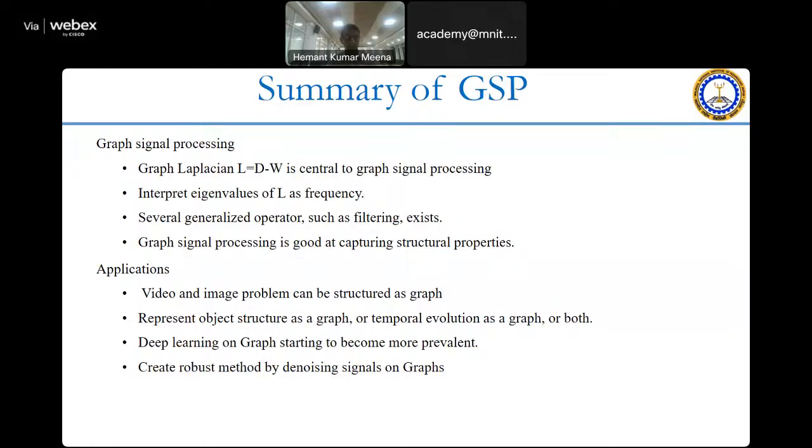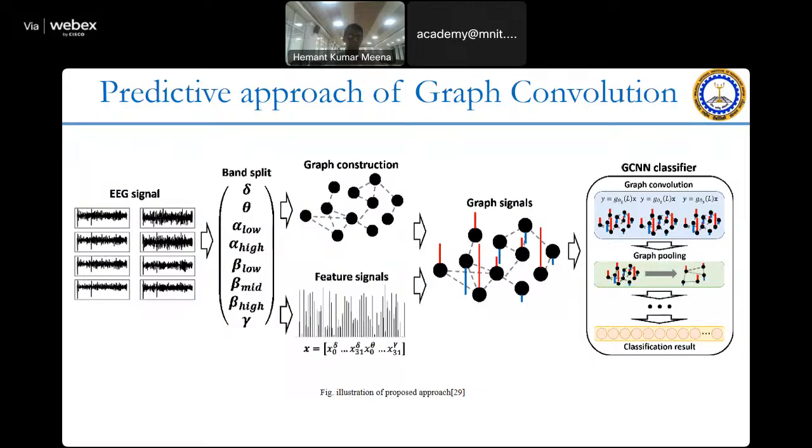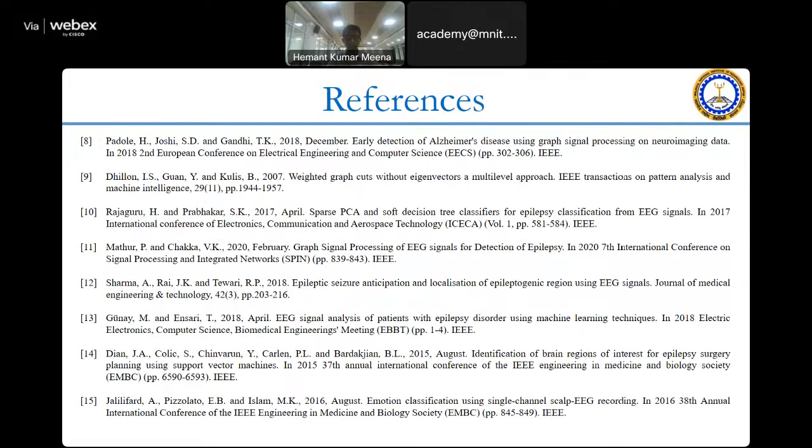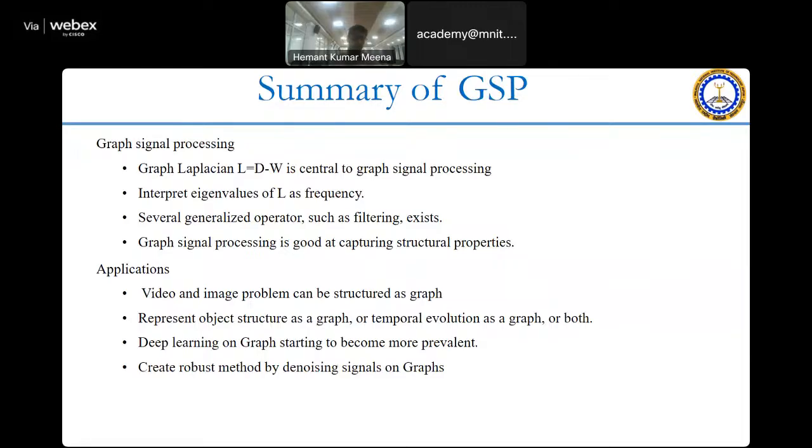Deep learning on graphs is starting to become more prevalent. As soon as these techniques have come, where you have used this GCNN, deep learning is also facilitated within very few iterations. Create robust methods by denoising signals on graphs.